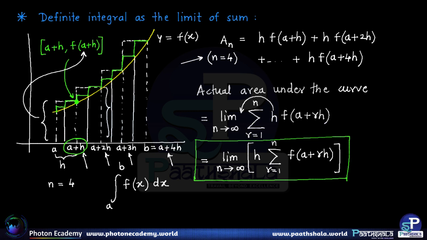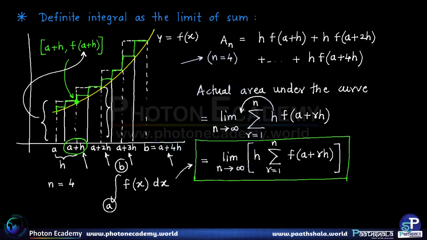So the value of the definite integral is nothing but the limit as shown here. Now in the examples we would typically be given the lower limit a and the upper limit b, and based on that we can calculate the required definite integral. Now we will solve a few sums based on this process.